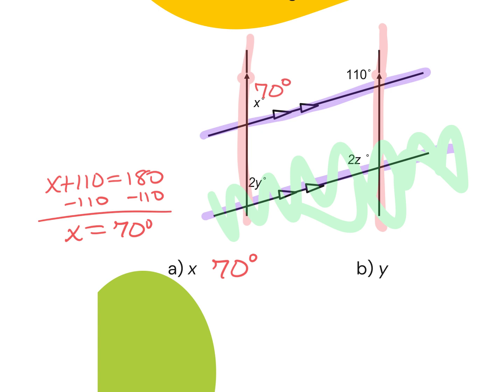Now, I'm going to erase some of my scribble, because I need to see where y is over here. So now, for y, I'm going to use some different parallel lines. Let me erase and start over.